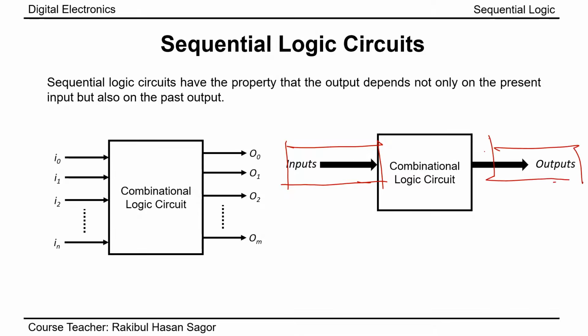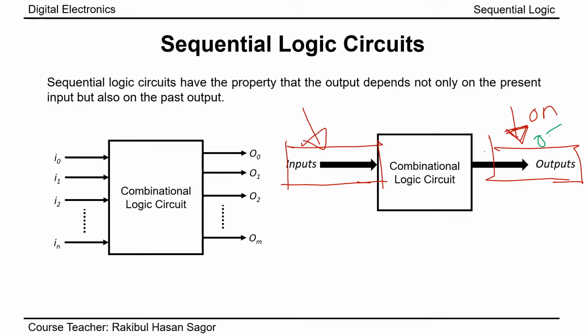Now the example that I gave you earlier: if the present condition of the light is on, and I provide the same input here, the light will be off. So the next state of the light will be off.